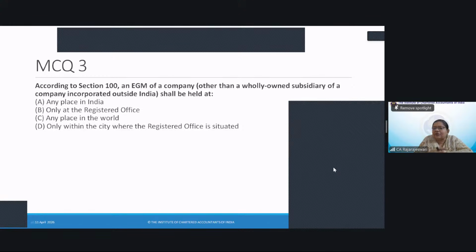So one central office for the entire foreign companies incorporated outside India, they will file it at one particular place. That is also part of your syllabus, and in that you will be reading this in detail.